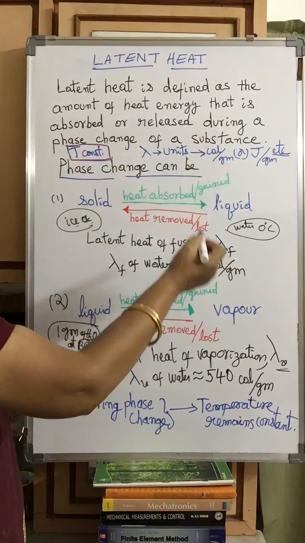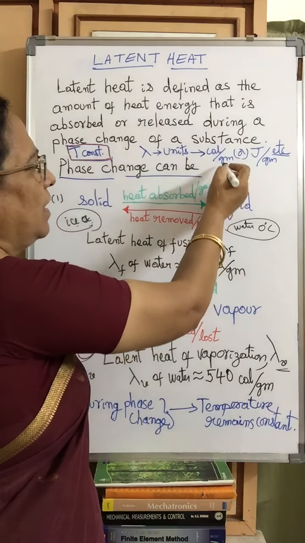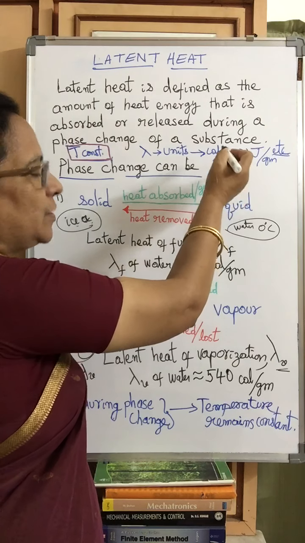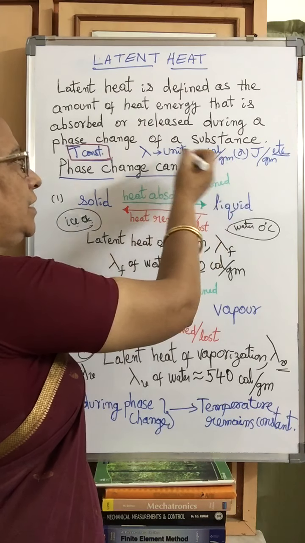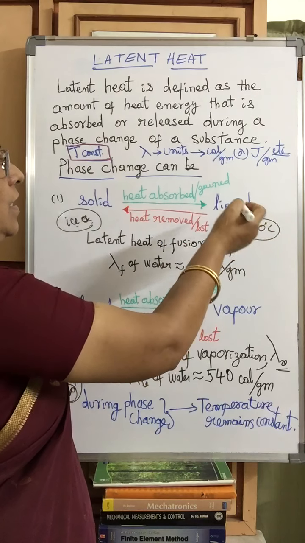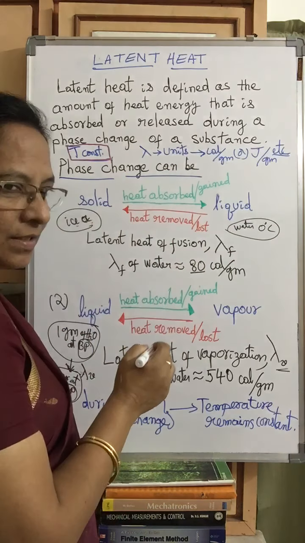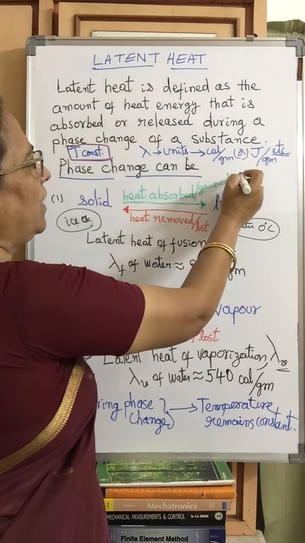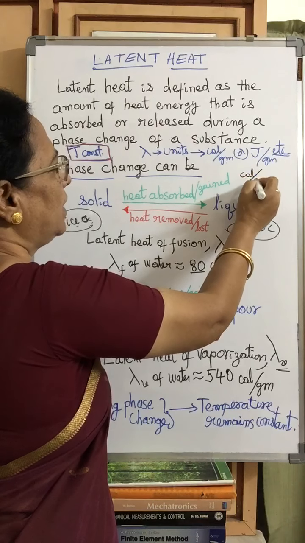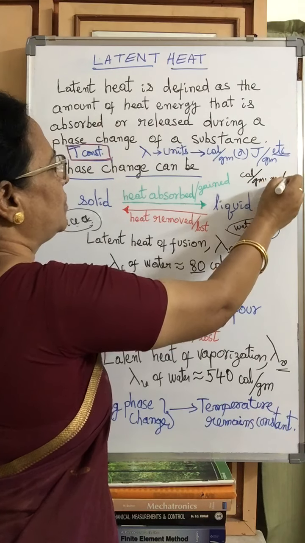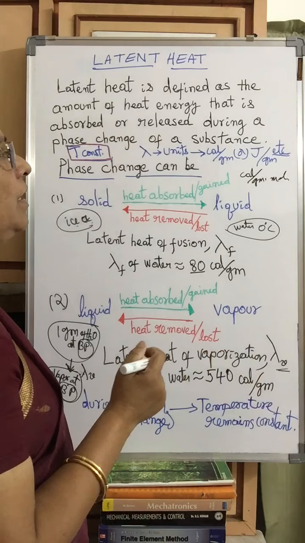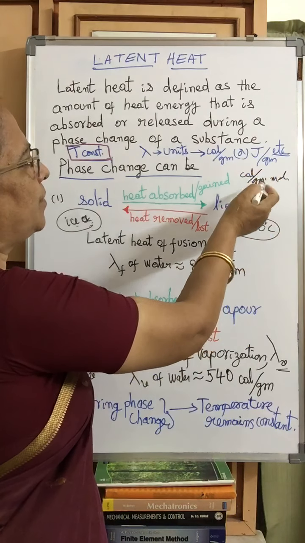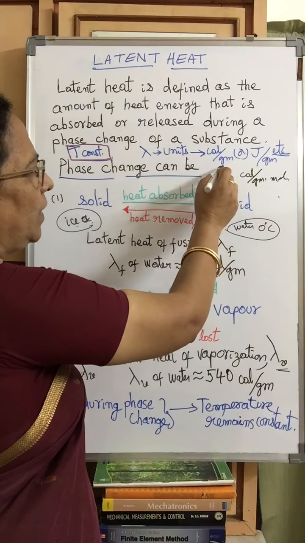See, in previous classes we have discussed, per gram means what? Specific. So we can also say specific latent heat. Or sometimes you may get the units as calories per gram mole also. It depends. You will get the data per gram mole or normally per gram.